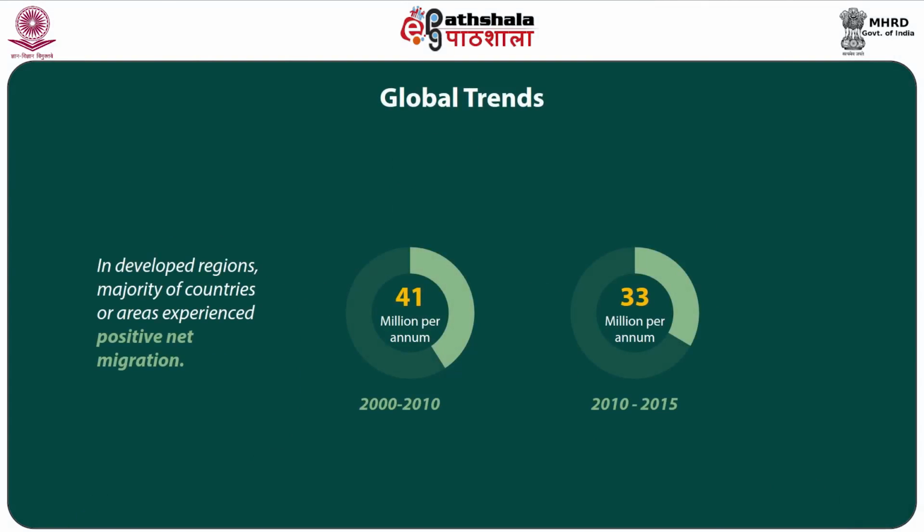If we look at the regional differences, in the developed regions, the majority of the countries experienced positive net migration. This number decreased from 41 between 2000 and 2010 to 33 in 2010 to 2015.